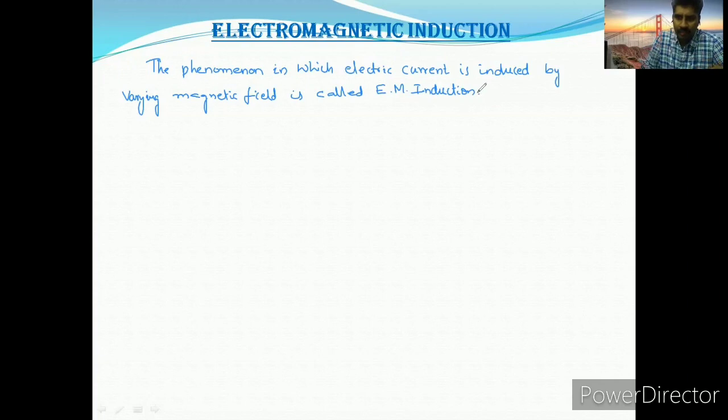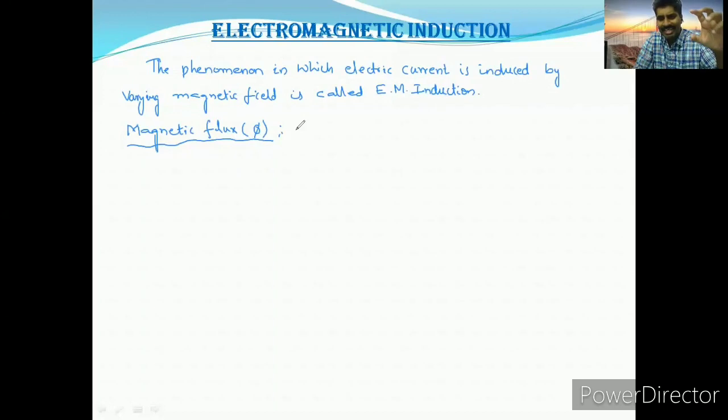Next, we need to learn one more concept, magnetic flux. It is denoted with a phi. What does magnetic flux mean? The number of magnetic lines of force passing normally through a given area is called magnetic flux.